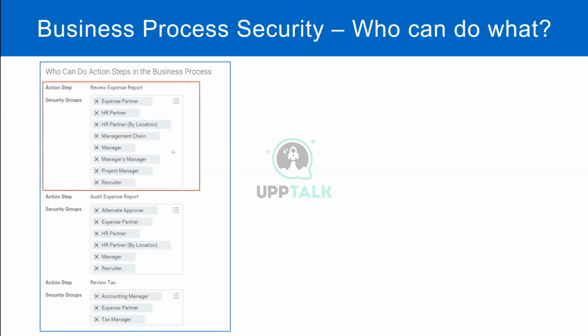Can you choose compensation partner as part of the review expense report task in a business process? As per this diagram, the answer is no, you cannot, because compensation partner is not in this list. So in my business process definition, I will not be able to select compensation partner for the review expense report task.